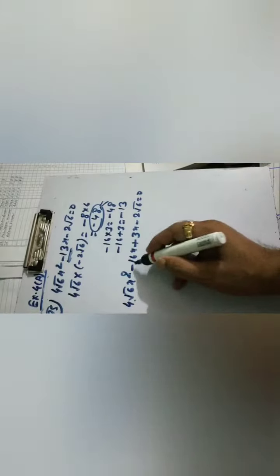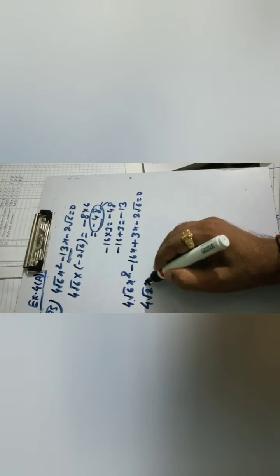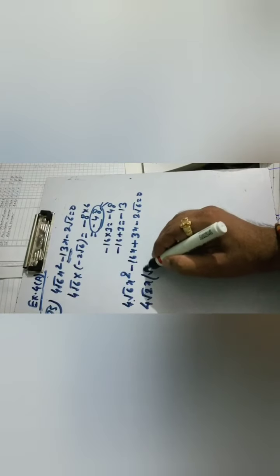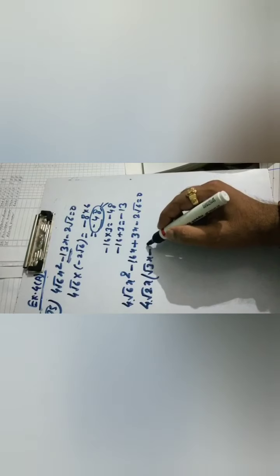Now in these two terms, 4 root 2 is common and x is also common. So 4 is common, and root 6 divided by root 2 will be root 3, and x will be left here, minus 4 4s are 16.